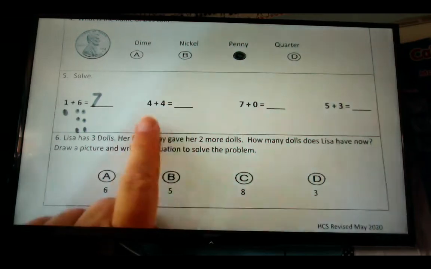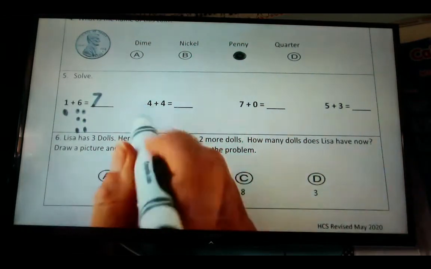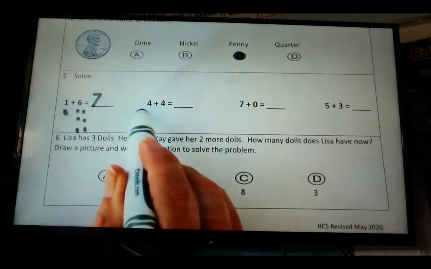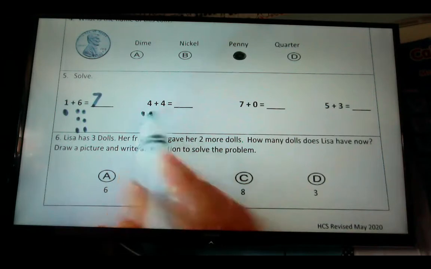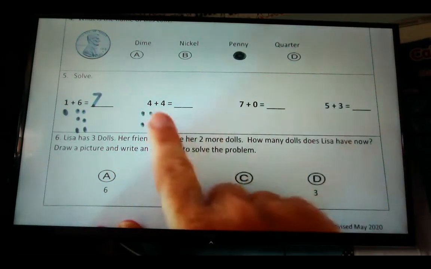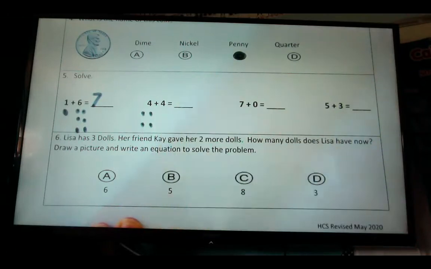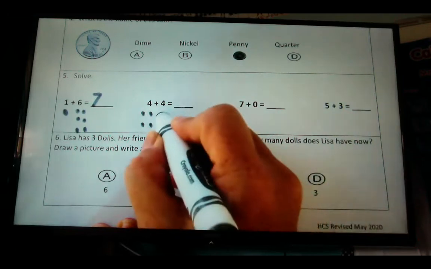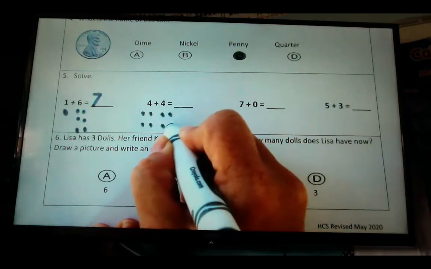This first number is 4, so I'm going to draw 4 dots. Help me count. 1, 2, 3, 4. The next number is also 4, so I'm going to draw 4 more dots. Help me count. 1, 2, 3, 4.